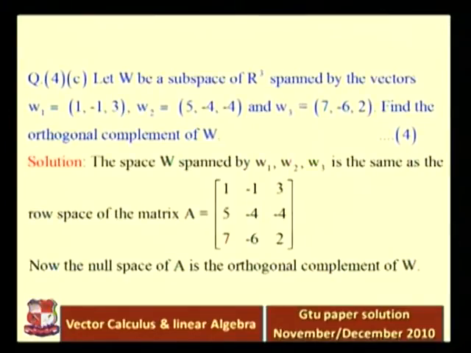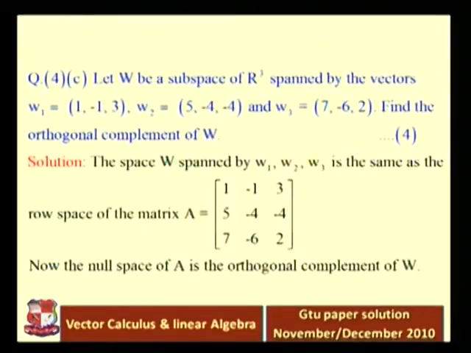Find the orthogonal complement of W. The space W spanned by W1, W2, W3 is the same as the row space of the matrix A. So we are converting W1, W2, W3 into the row vectors of the matrix A, that is [1 -1 3; 5 -4 -4; 7 -6 2].